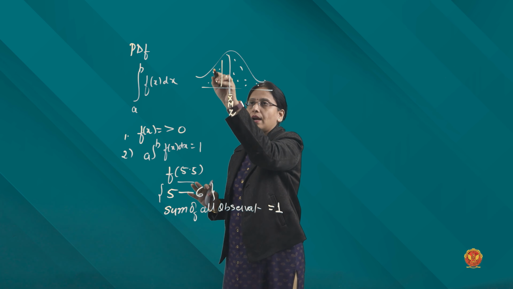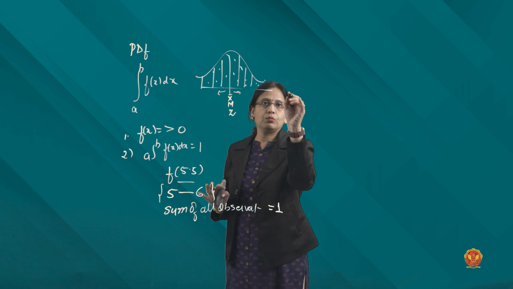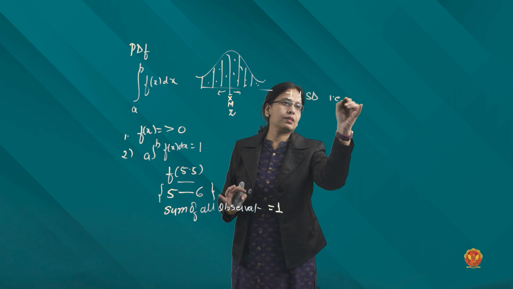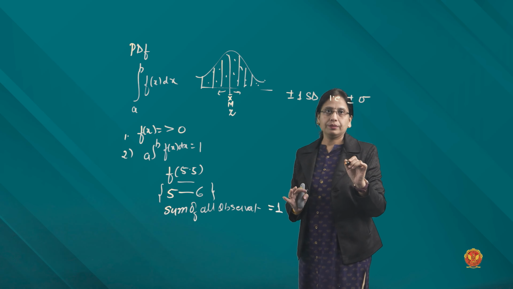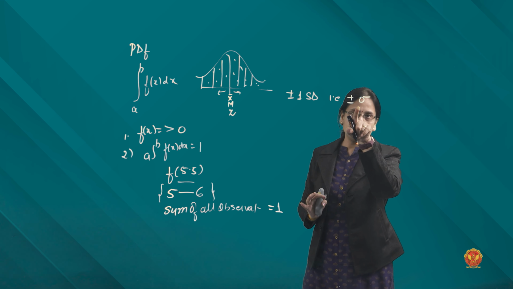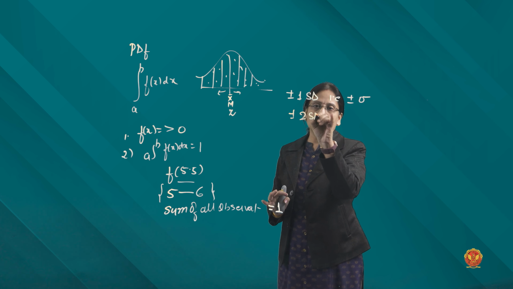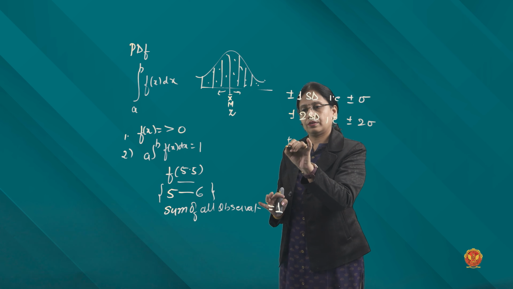So 1 standard deviation, 2 standard deviation, 3 standard deviation. If I move plus minus 1 standard deviation, standard deviation is represented by sigma, so plus minus 1 sigma. Here plus minus 2 standard deviation, it can be represented like this.